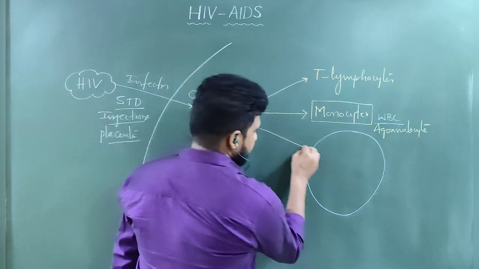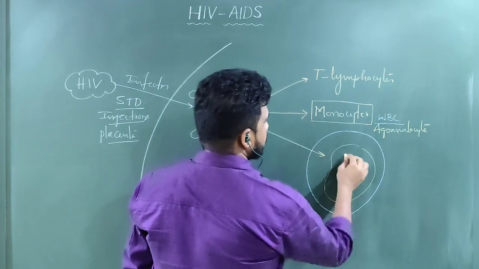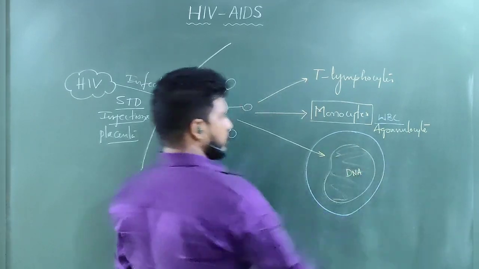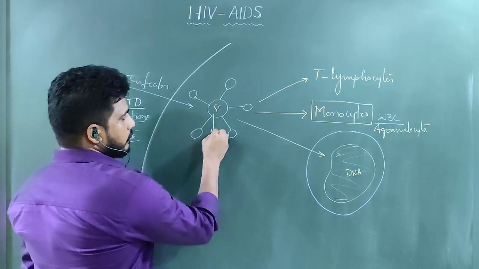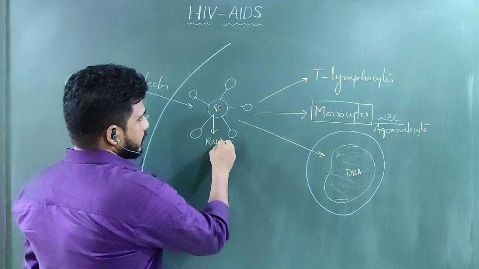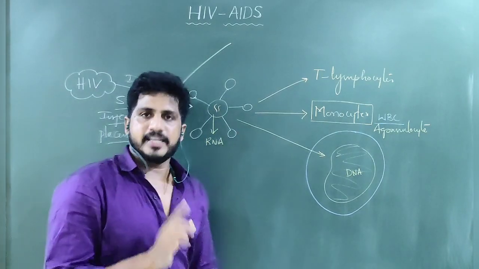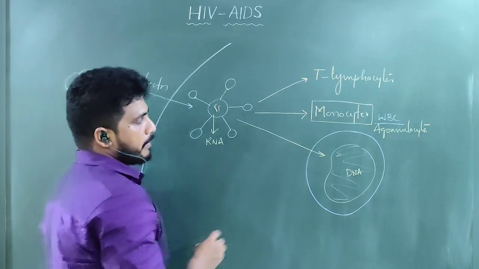It has a large nucleus which is mango shaped. The genome of our body is DNA, but the genome of the virus is RNA. Once this RNA virus, nothing but retrovirus HIV, infects monocytes, they are also called macrophages.